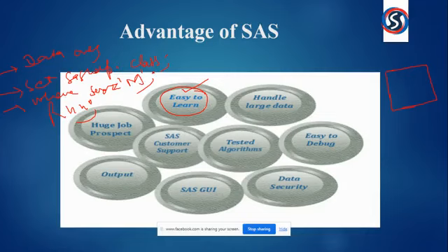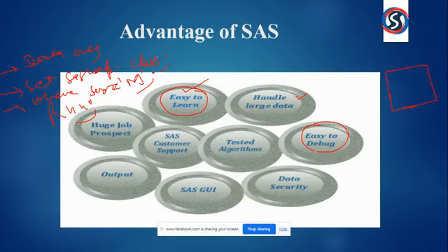Now coming to the second one, SAS has the ability to handle large databases. SAS is strongly capable of handling a large database very easily. The third one, we have easy to debug. SAS is a very comprehensible language, and the process of debugging is very easy.